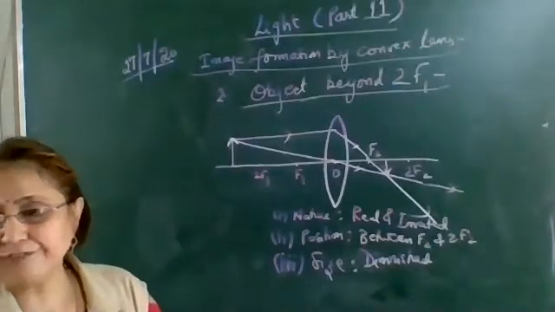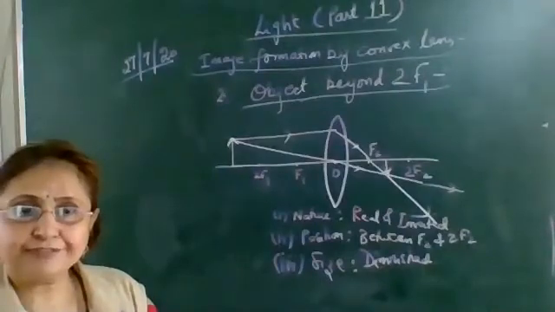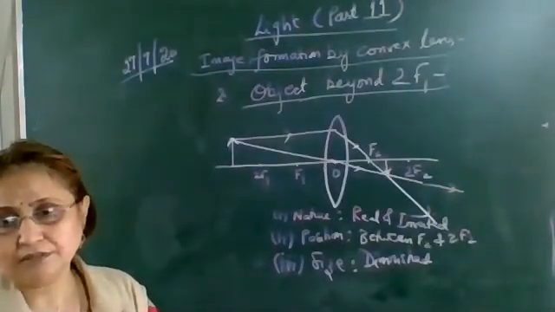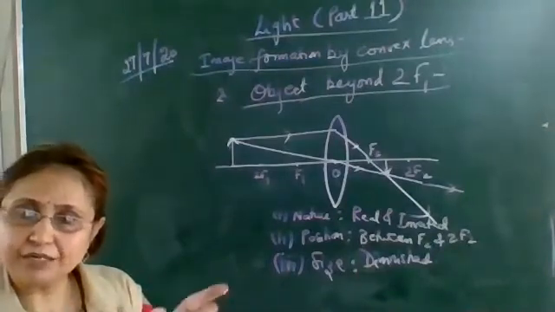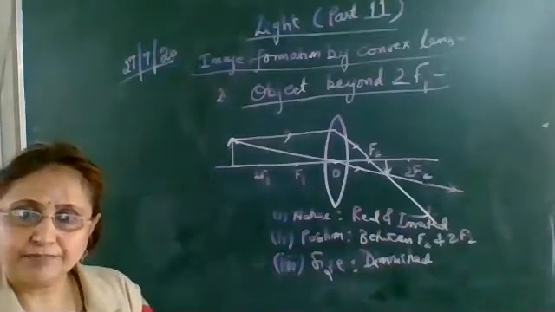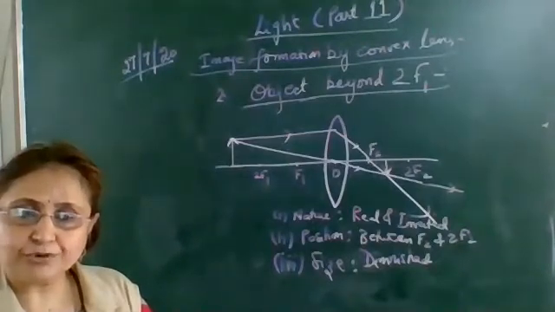Then mark F1 and F2. Mark F1 and F2 at equal distance from the optical center. This distance O to F1 or O to F2 we call the focal length. So F1 and F2 should be marked such that OF1 should be equal to OF2.